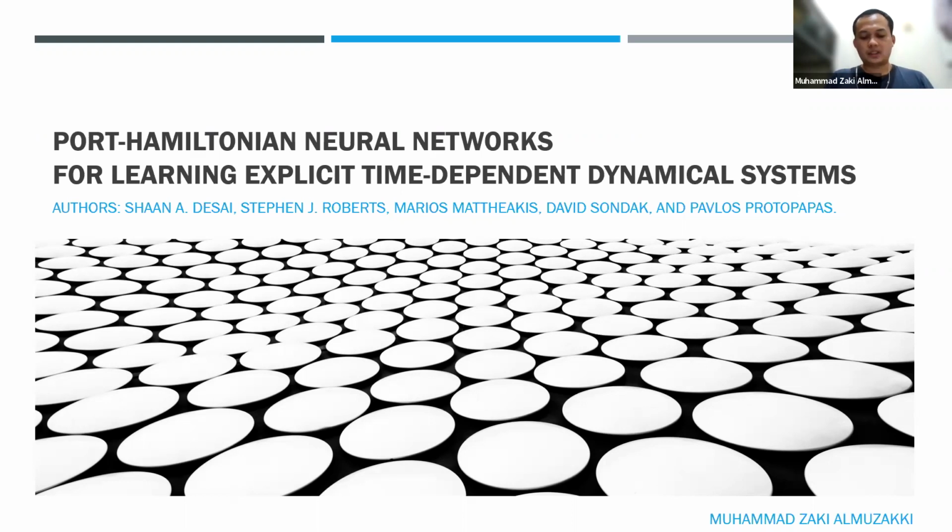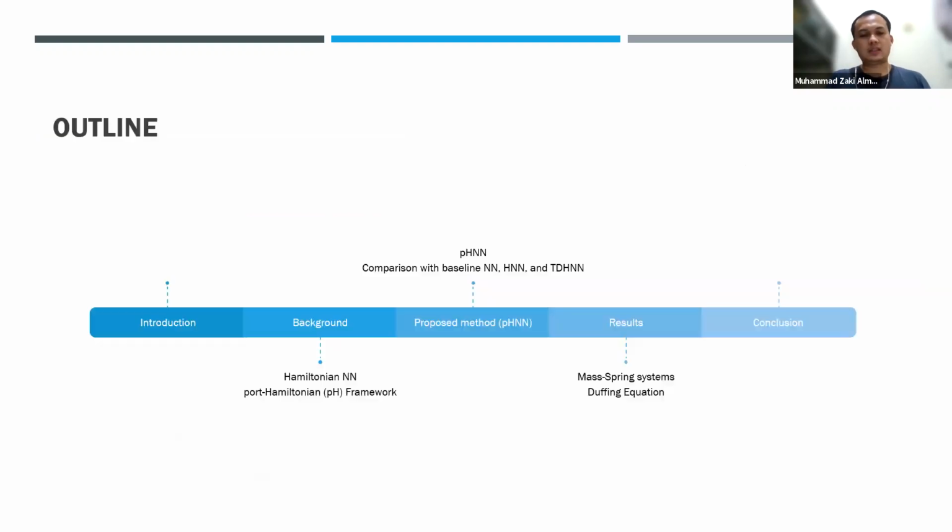So in this talk, what we are going to learn is that they are trying to propose a new method, but there is not much analytical explanation in the paper. But anyway, the motivation is that, okay, so this is the outline of my talk today.